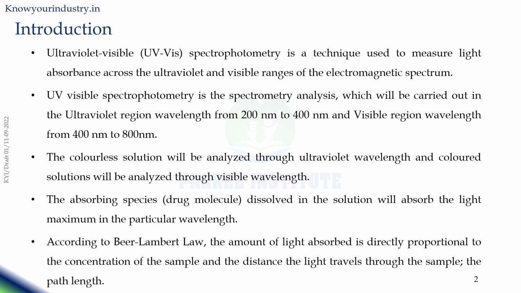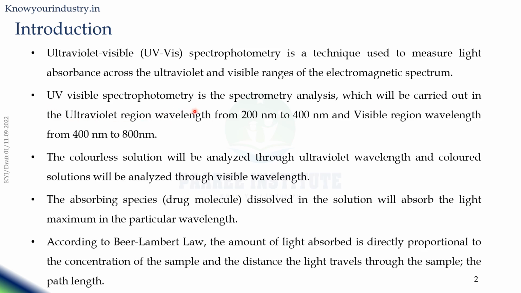Ultraviolet visible, that is UV visible spectrophotometry, is a technique used to measure light absorbance across the ultraviolet and visible ranges of the electromagnetic spectrum, which we have seen in the previous module, that is the fundamentals, where we covered the principles of spectrophotometry.